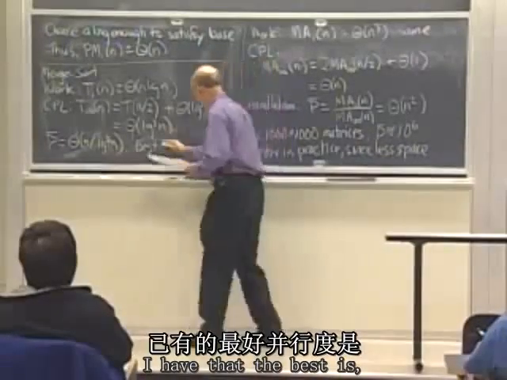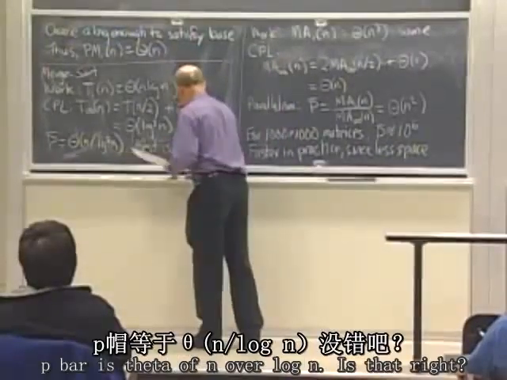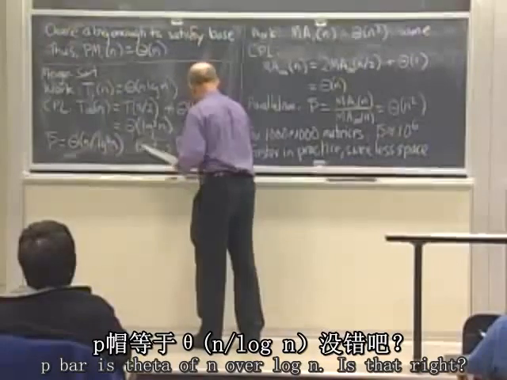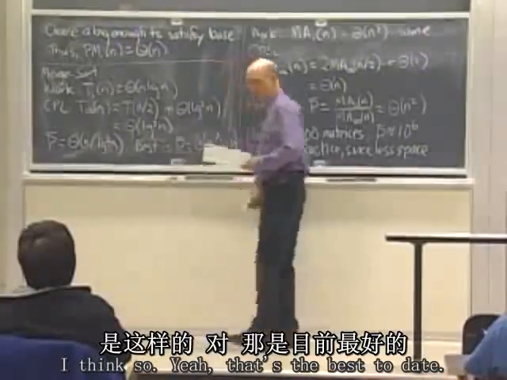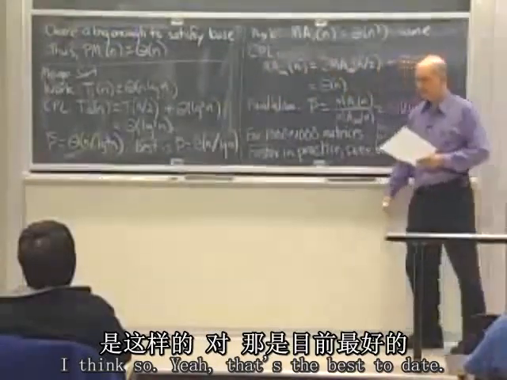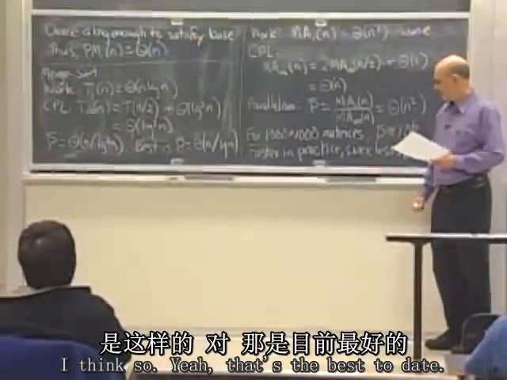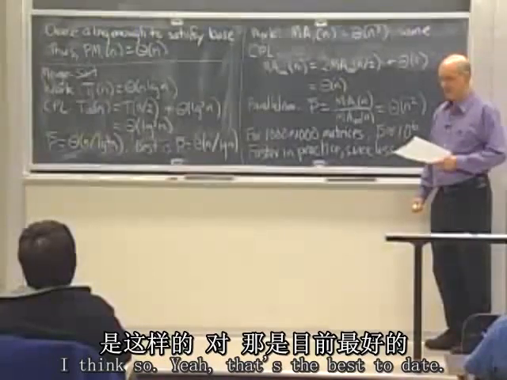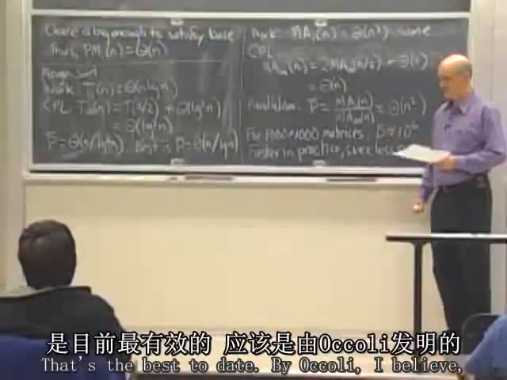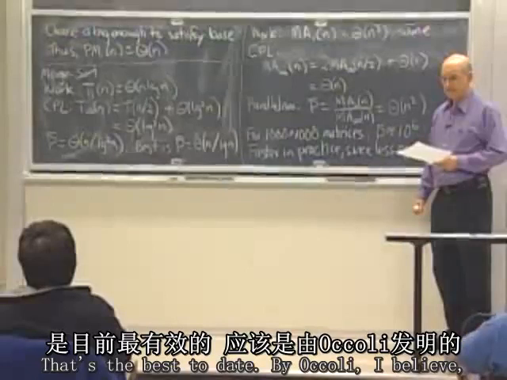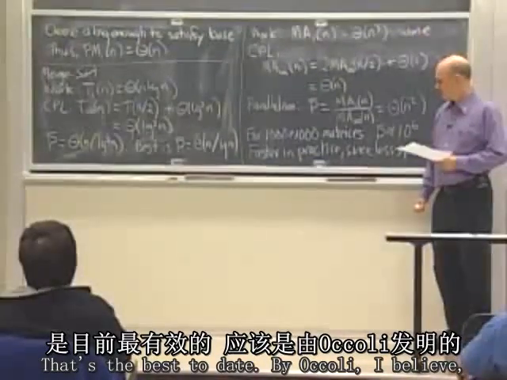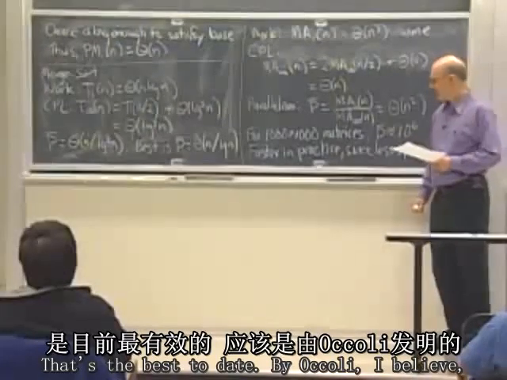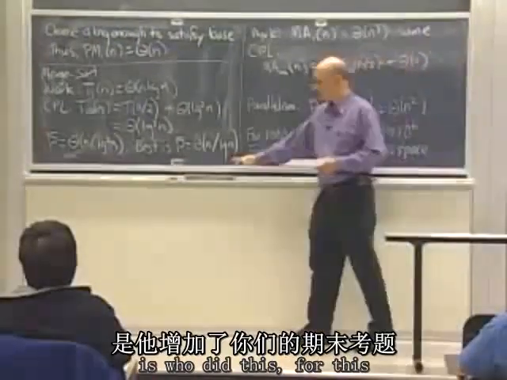I have that the best P bar is theta of n over log n. Is that right? I think so. There is something that is n over log n. That's the best to date, by Ockel, I believe, who did this.